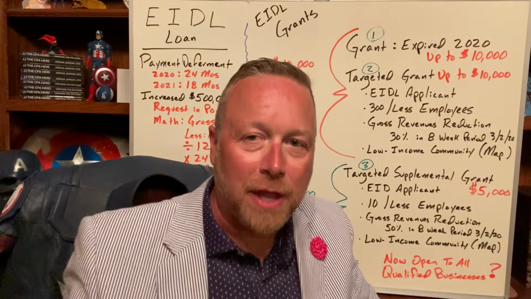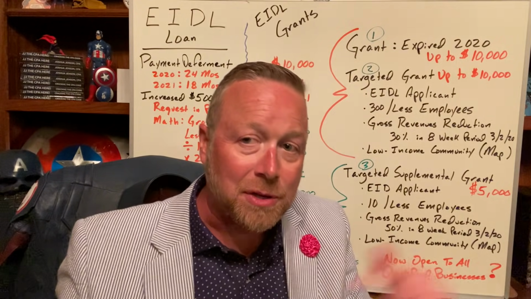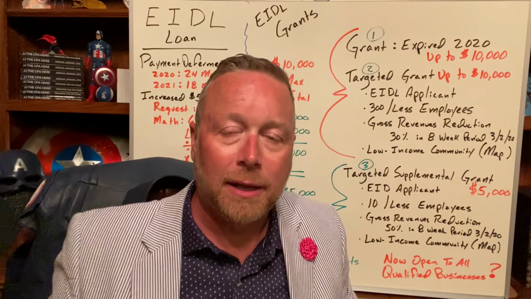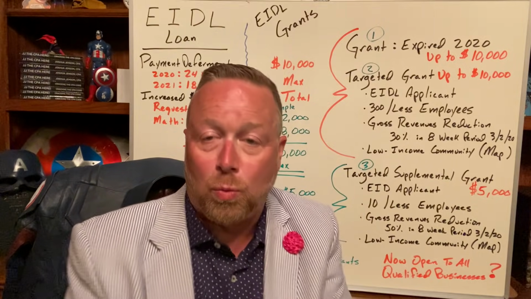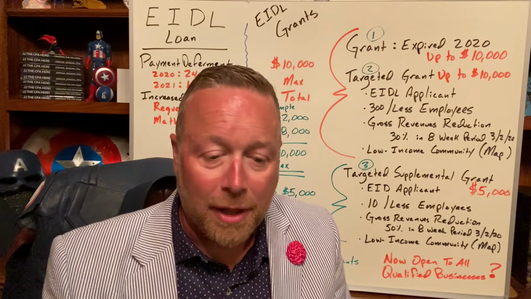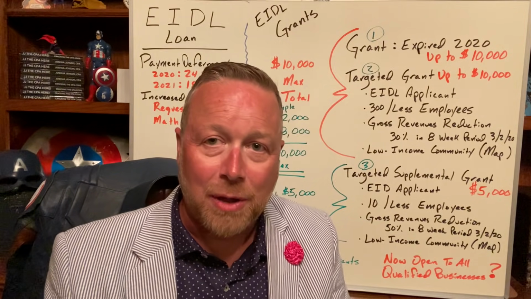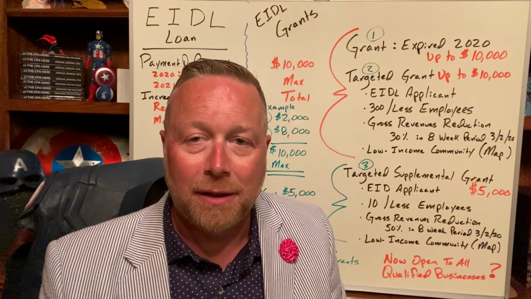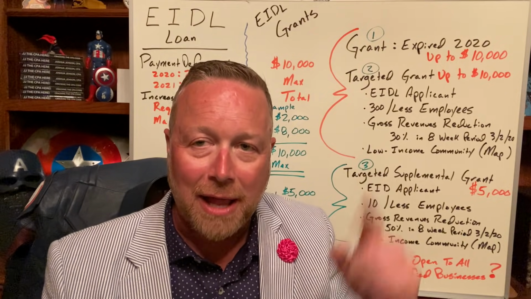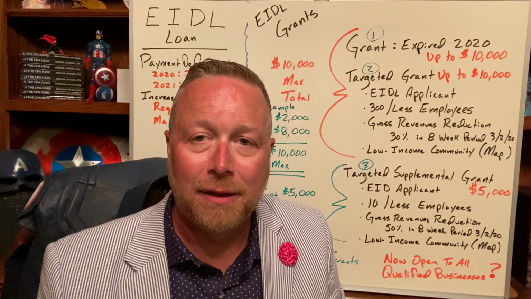For those of you that are a little perplexed, let's run through another example. If you got 0 because the money ran out, you got 0 of the original grant, and then you qualify for the targeted grant, you're going to get $10,000.